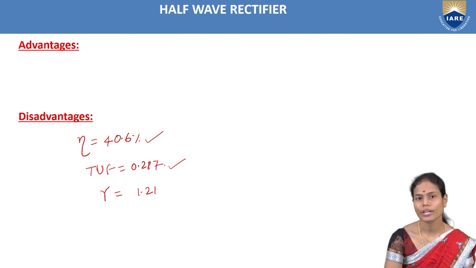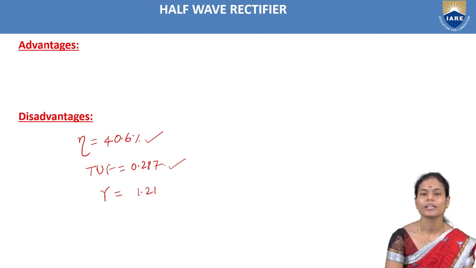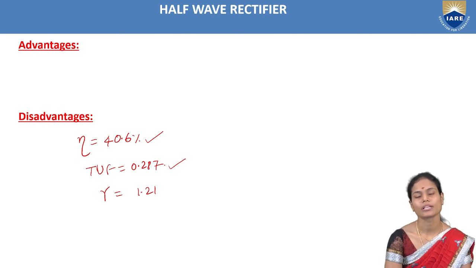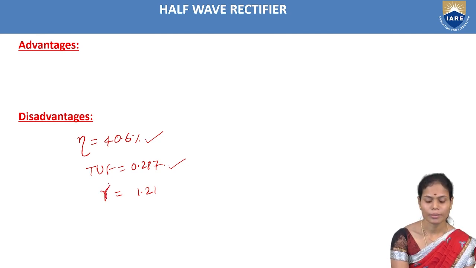So in order to overcome these disadvantages, next we are moving to the center tapped full wave rectifier or bridge rectifier. In that we can improve these parameters: the efficiency, the transformer utilization factor and the ripple factor.